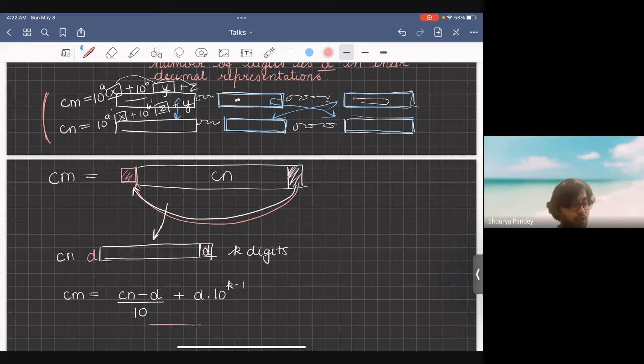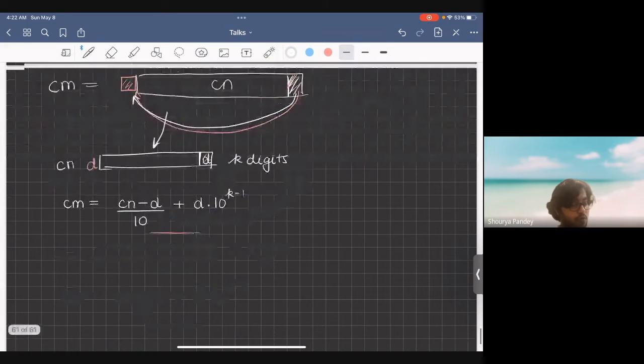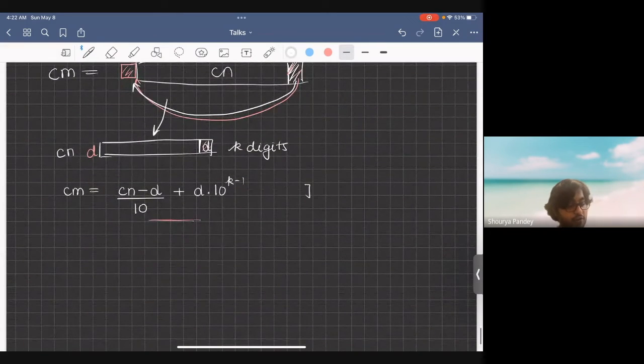So all we're asking is, does there exist C such that this is true? And we'll allow leading zeros, it doesn't matter.